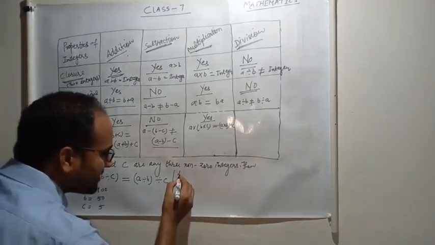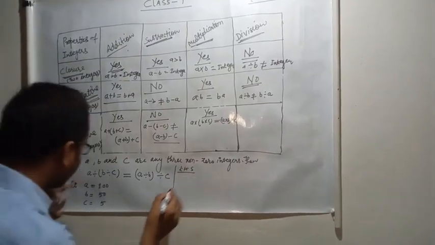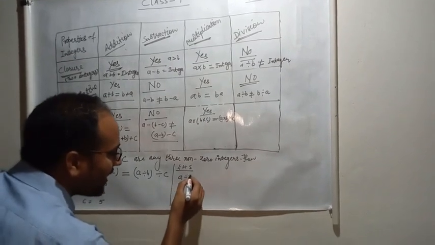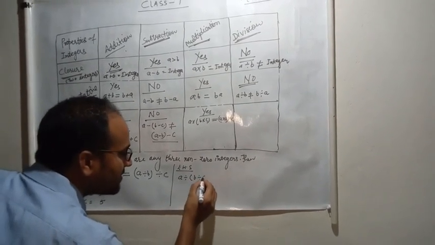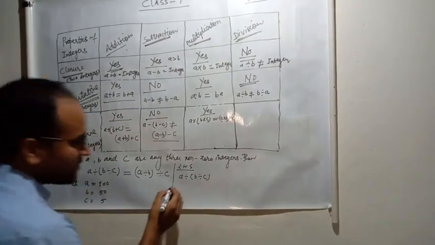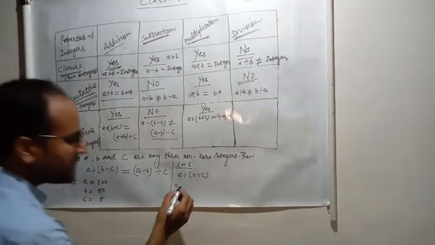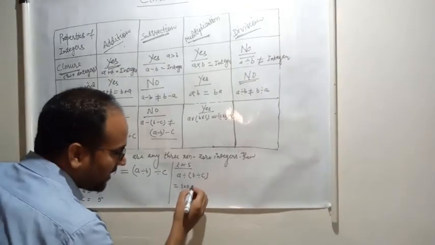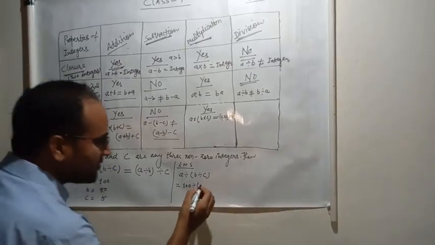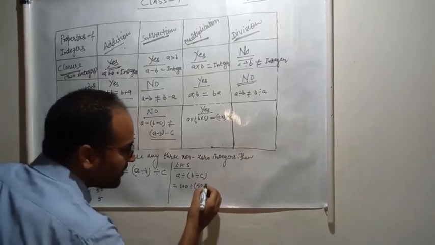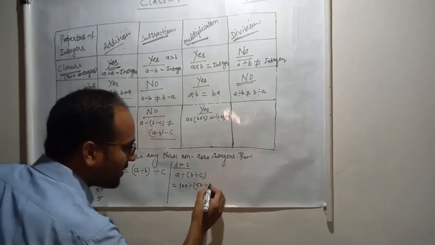So take the left hand side. Left hand side is A divide (B divide C). See it carefully, students. A is 100, B is 50, C is 5, putting these values in the left hand side: 100 divided by (50 divided by 5).